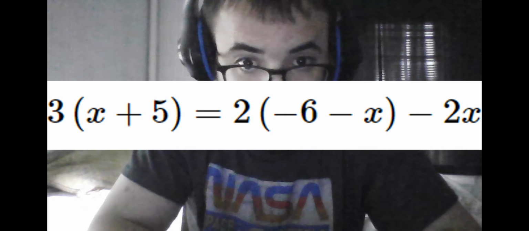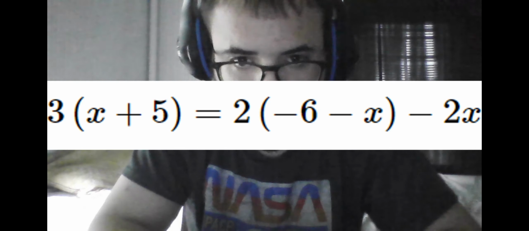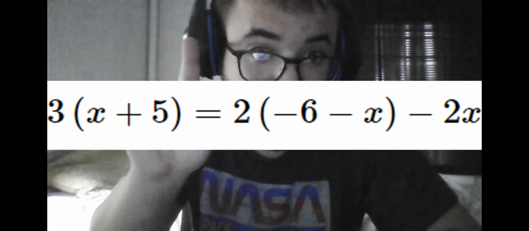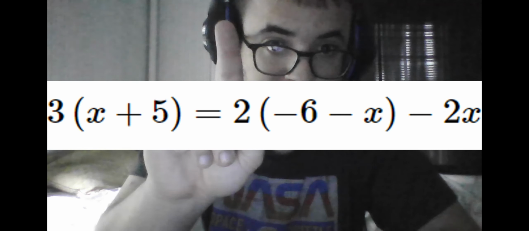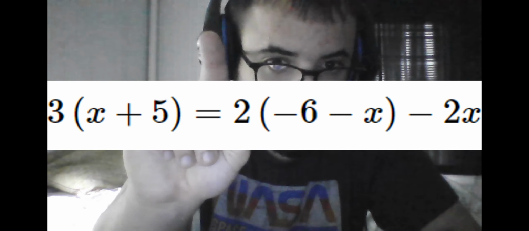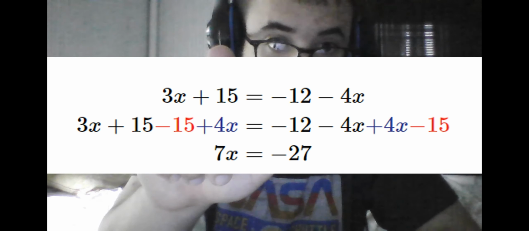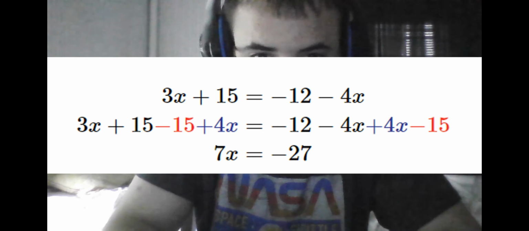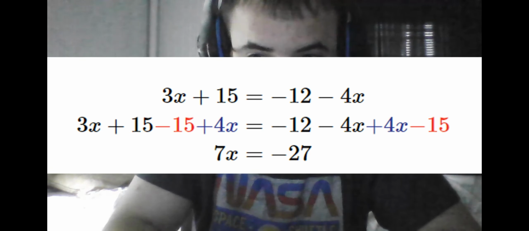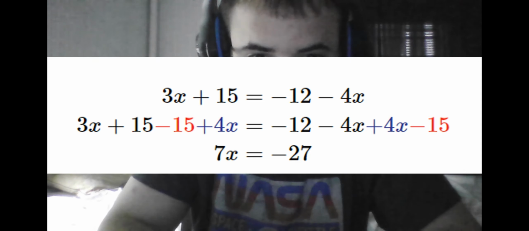For example, if we are given this, it looks messy at first and nothing like a linear equation, but we can simplify it by distributing everything in the parentheses and then adding and subtracting like terms as appropriate. And then we would have to find a way to get x by itself by first getting the integers with no x's on one side and then getting the x's on the other side by adding and subtracting as appropriate.